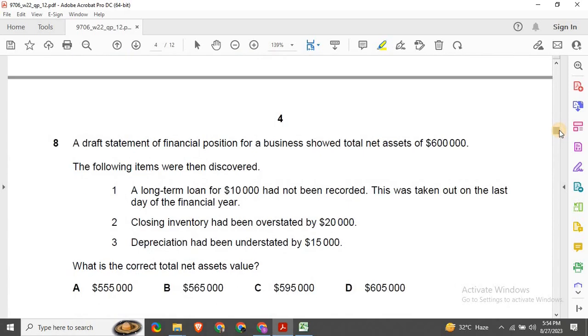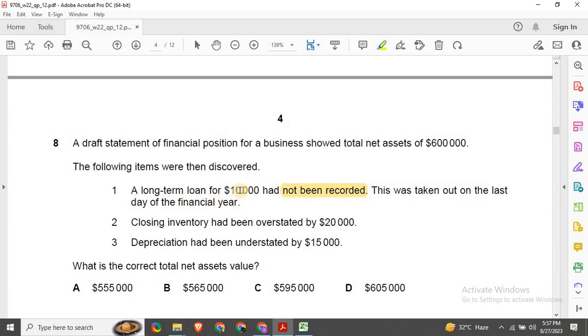Number 8. A draft statement of financial position of a business showed net asset of 600,000. The following items were then discovered. A long-term loan of 10,000 had not been recorded, and this was taken on the last day of the financial year.